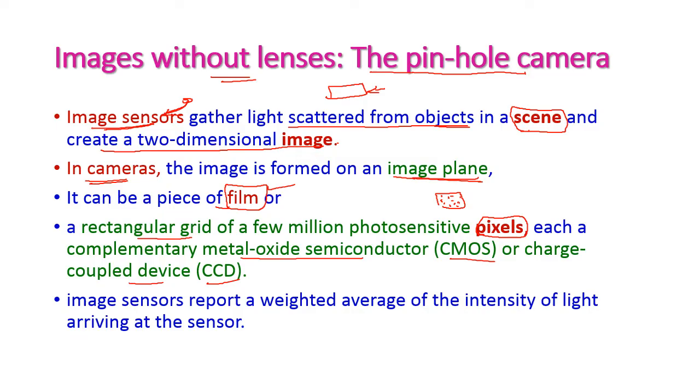By using these devices we can take the image of the current scenario. Here the image sensor reports the weighted average of the intensity of light arriving at the sensor. So based on the light scattered from the object, the camera will take the image of the current scenario.